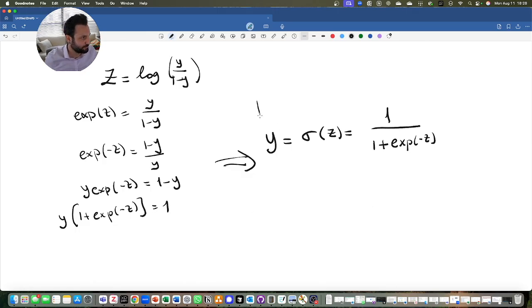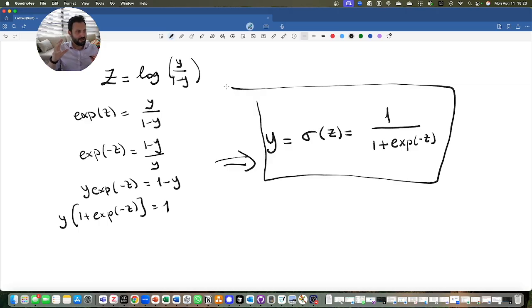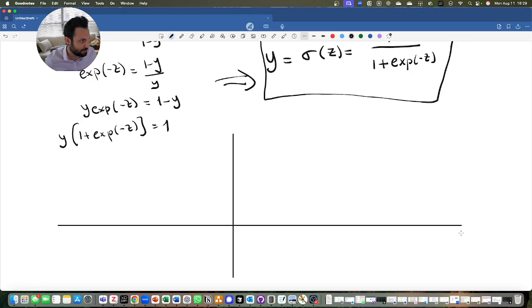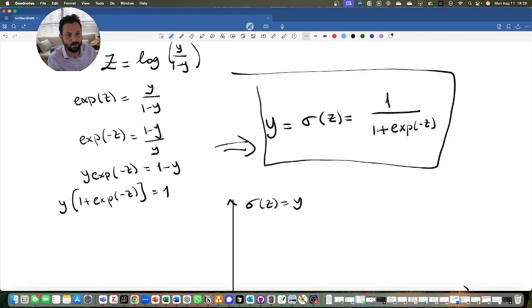Right. So from my Z, I get this function. Let's go ahead and draw this function very quickly, with respect to Z. And this is going to be sigmoid of Z, which is Y. So if my Z goes to positive infinity, the exponential term becomes 0, so it's 1 over 1, which is 1.